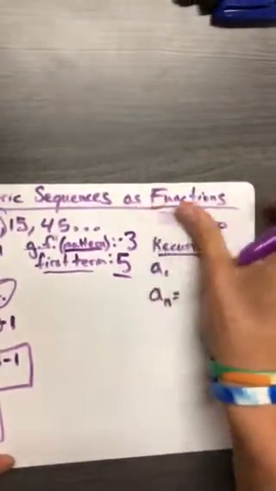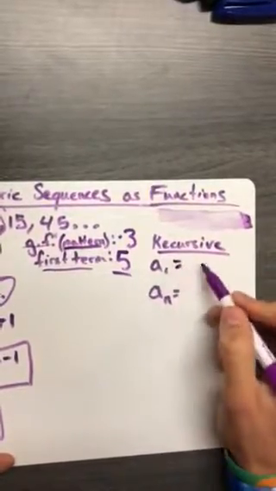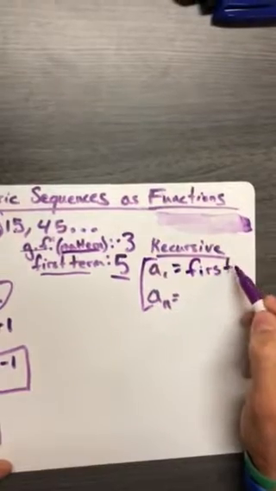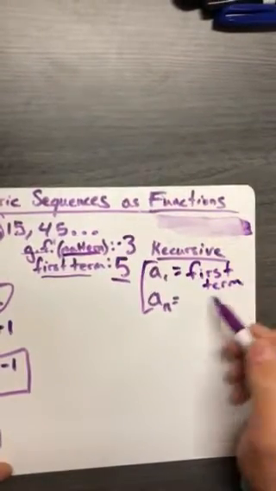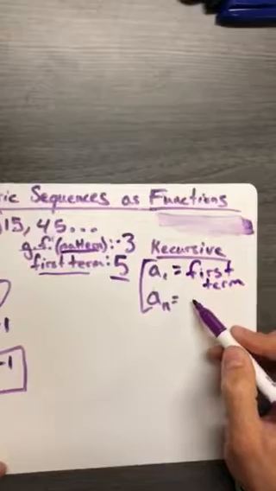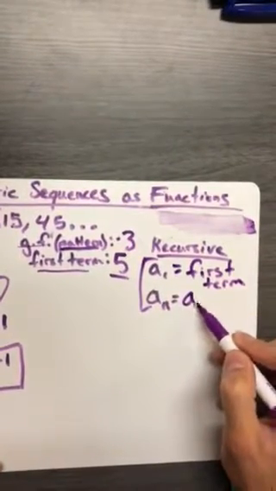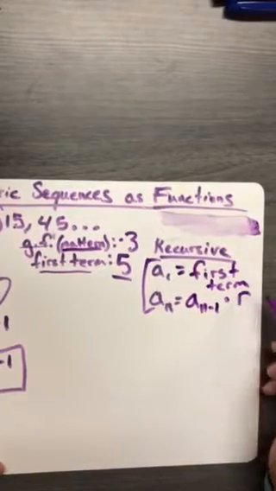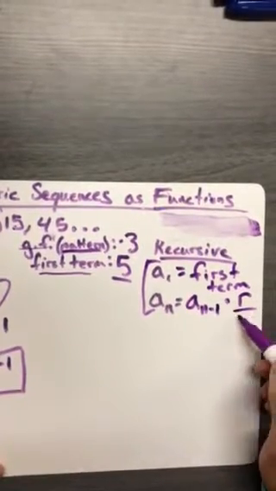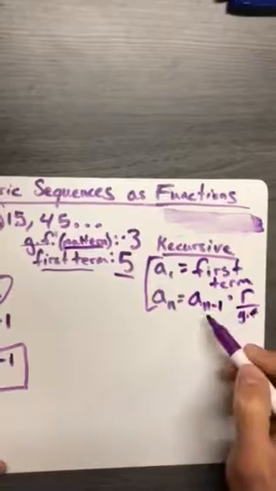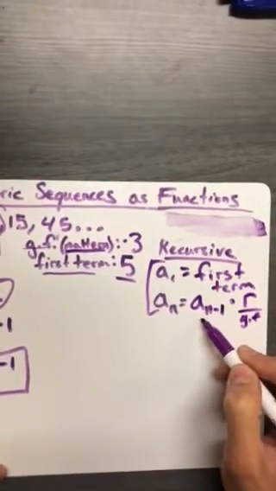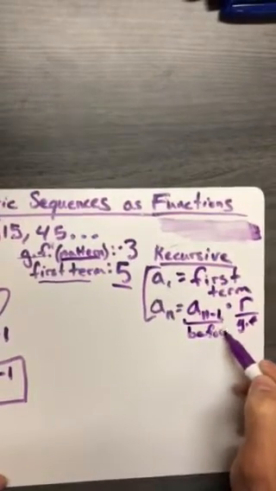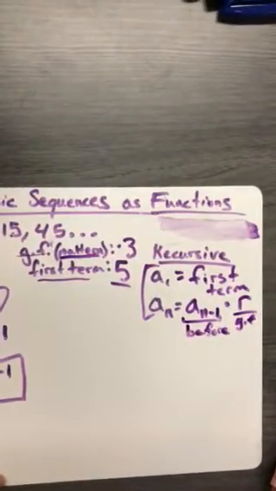You have two parts to this function. a sub 1 is your first term, and then you write a sub n equals a sub n minus 1 multiplied by r, your pattern or growth factor. If you remember from the last video, a sub n minus 1 just represents the term before the term you're trying to find.